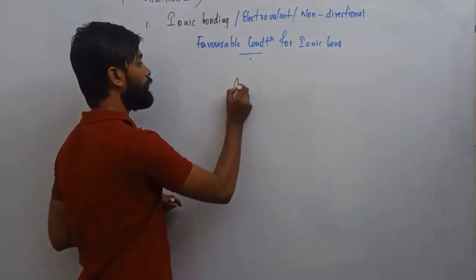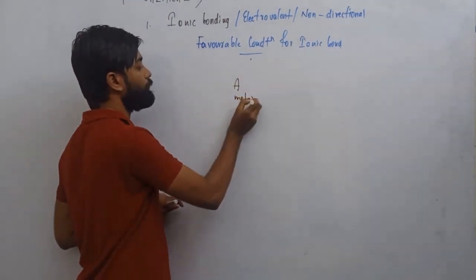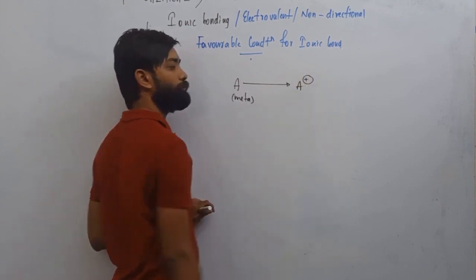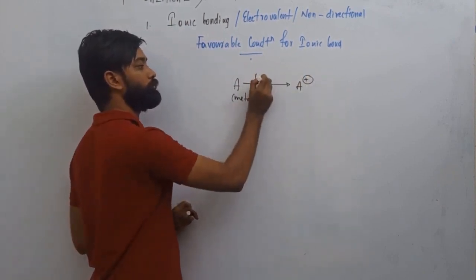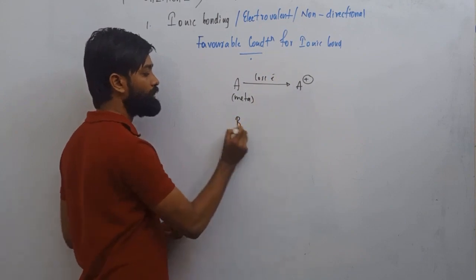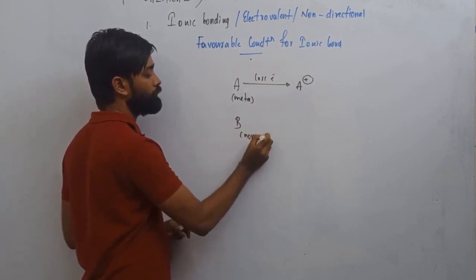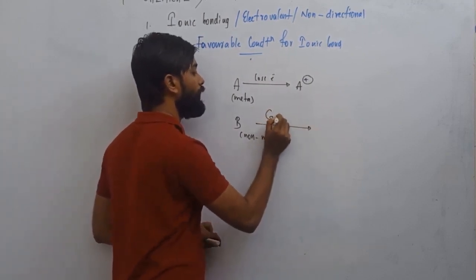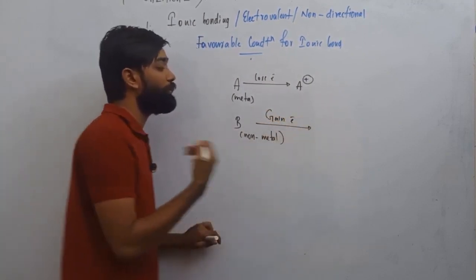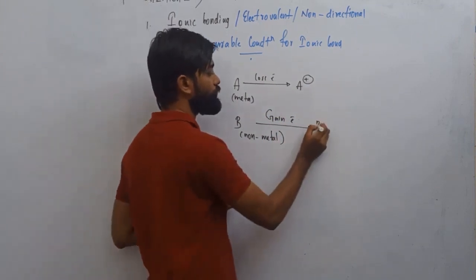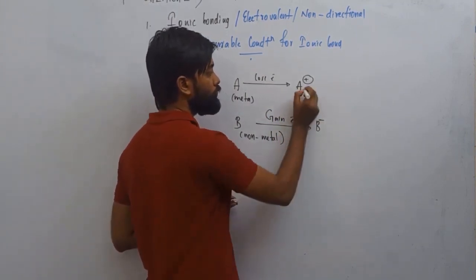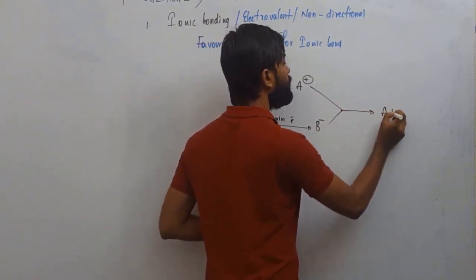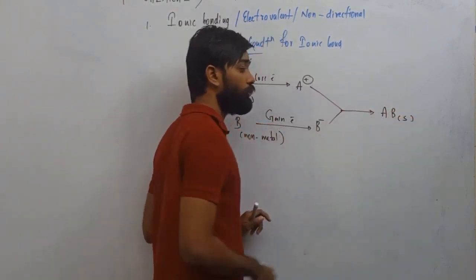So if A is a metal, then A should lose electrons very easily, and B is a non-metal, then B has a greater tendency to accept that electron to become B minus. Moreover, they should combine to form an AB solid. That's also important.